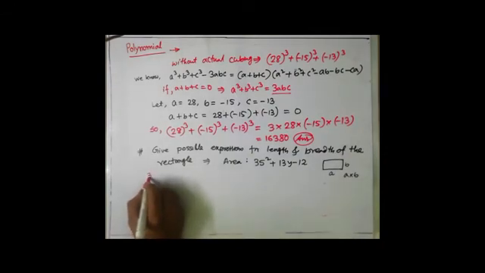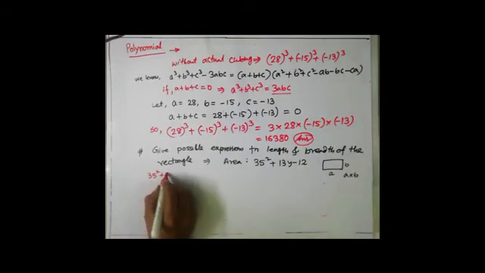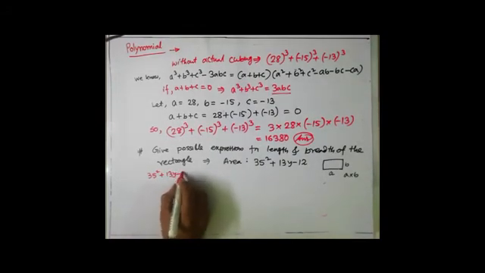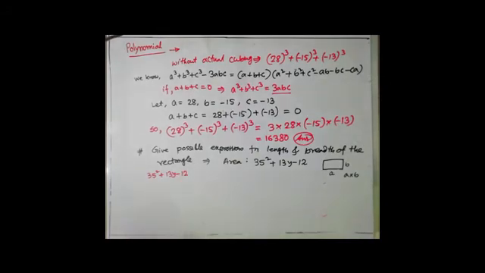So just convert that expression 35y square plus 13y minus 12 into a product of two different polynomials. It can be done like this way. It can be done by middle term factorization.